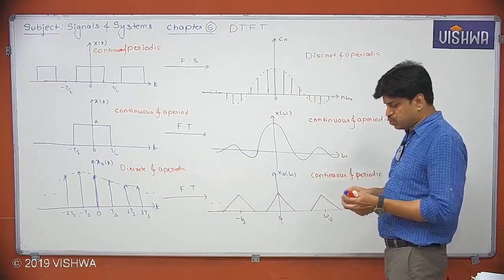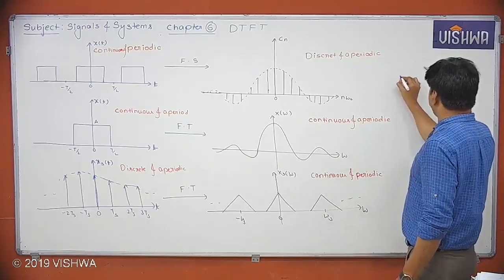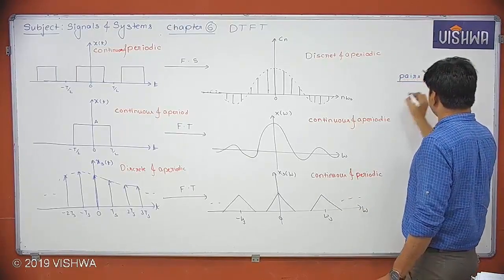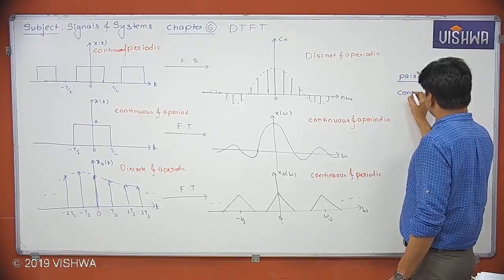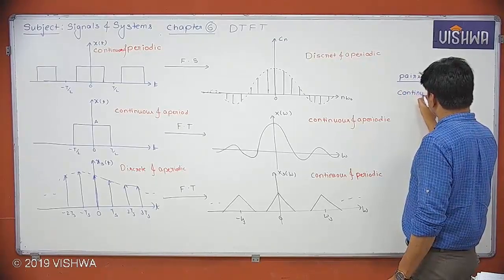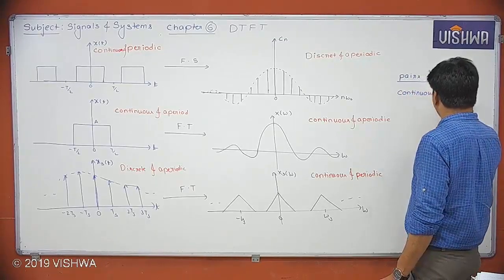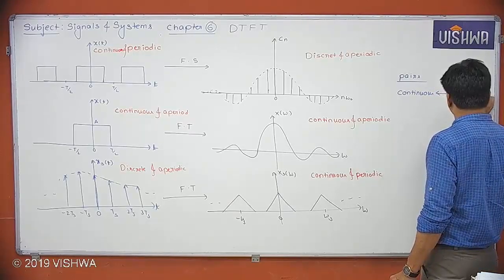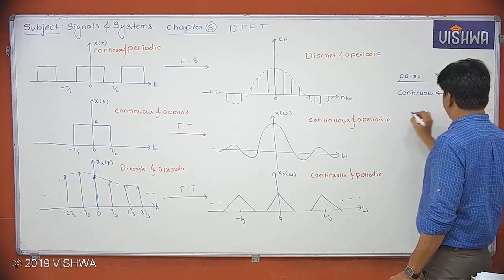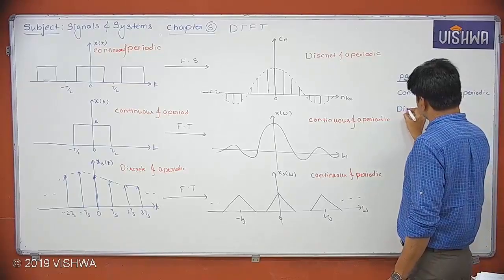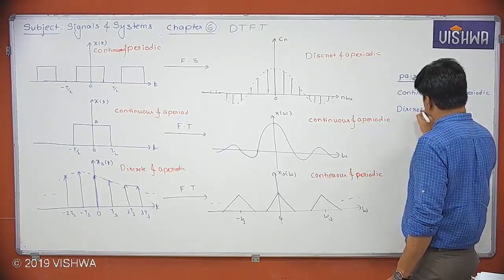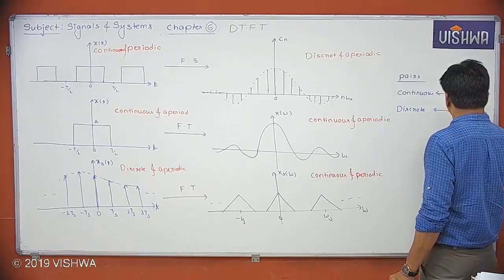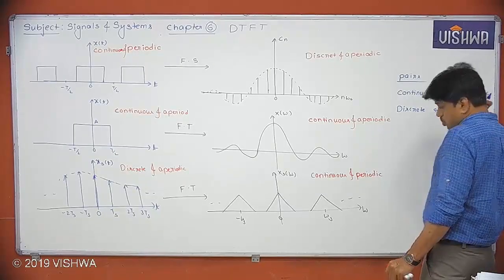What are the pairs? Whenever you see continuous, the pair is aperiodic. Whenever you see discrete, you can say periodic. So these are the pairs.